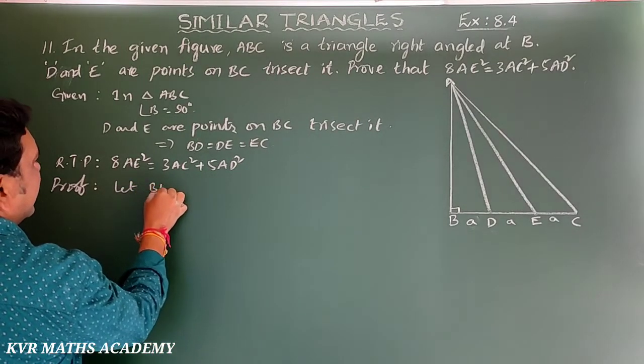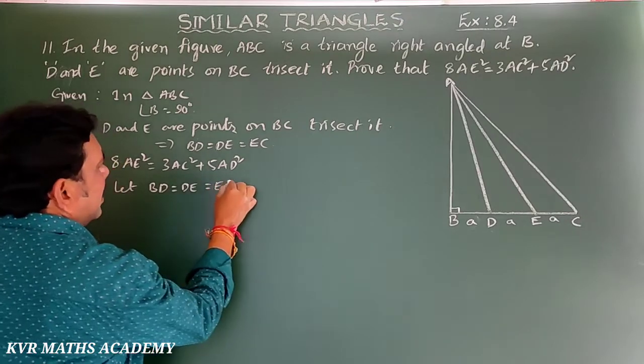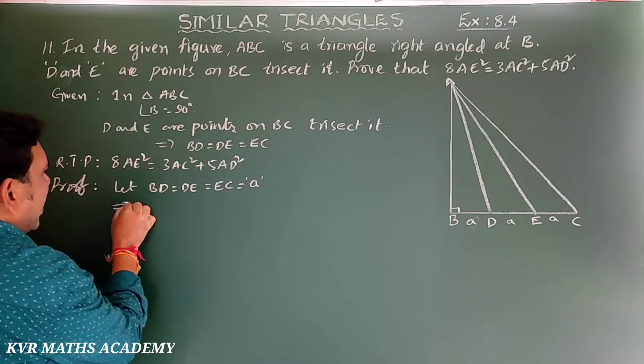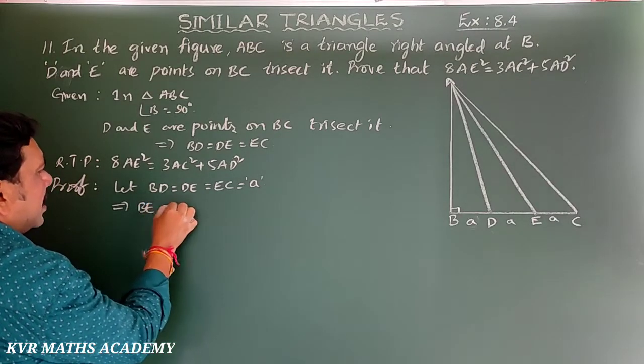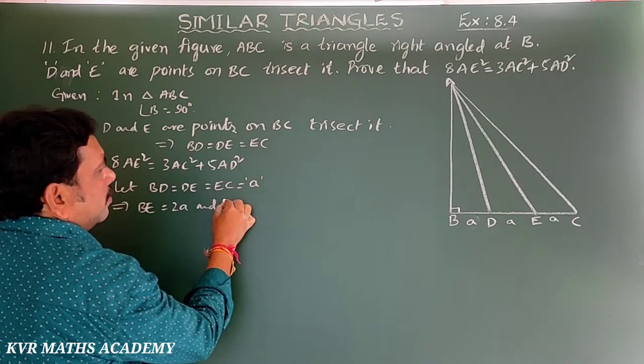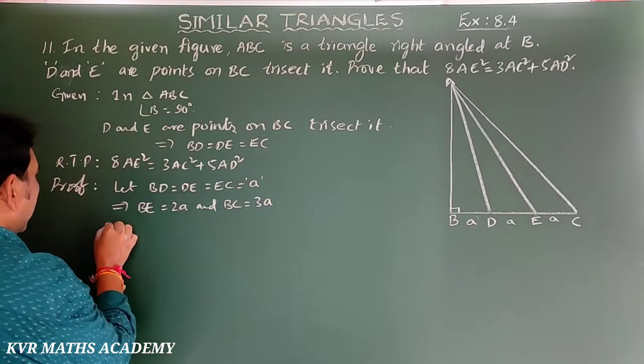Let BD equal DE equal EC equal a, small a. That implies BE is equal to 2a and BC is equal to 3a. Right? Yes.